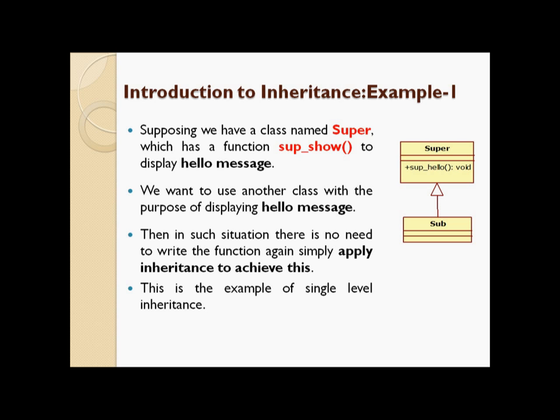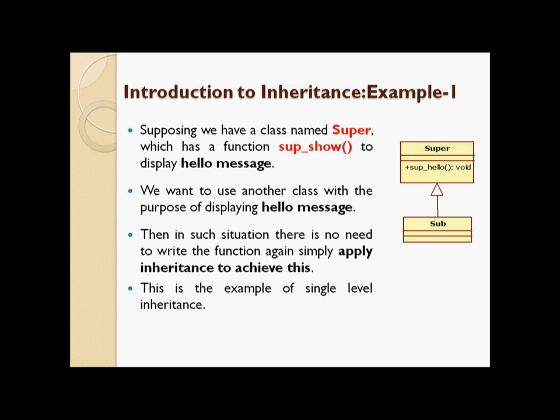And here I have taken two classes. One is superclass and another one is subclass. Superclass is the parent class, whereas the subclass is the child class or derived class. And the purpose of this example is, here I have one function in superclass. The name of the function is super_hello, and the return type I have taken as void.